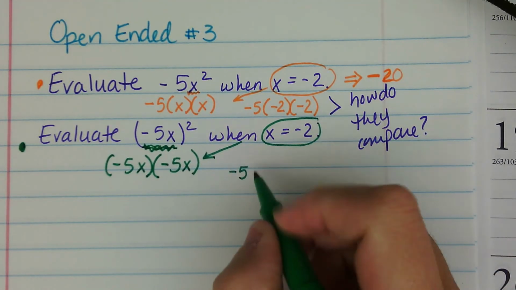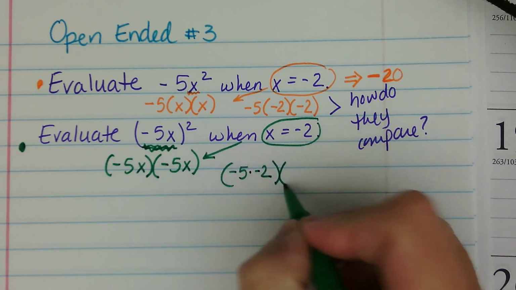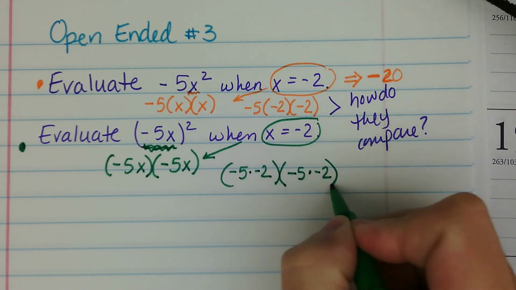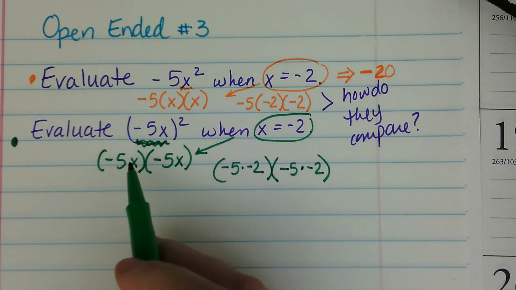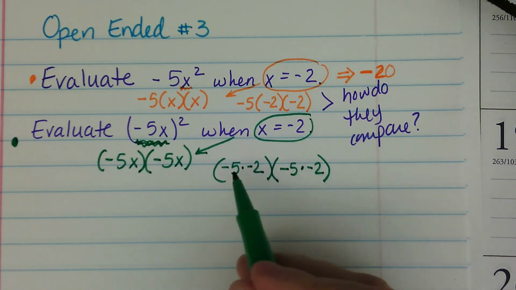Negative 5 times negative 2 and negative 5 times negative 2. I'm going to put that negative 2 right in the next position. We're multiplying because we already have parentheses. I decided to use a dot instead.